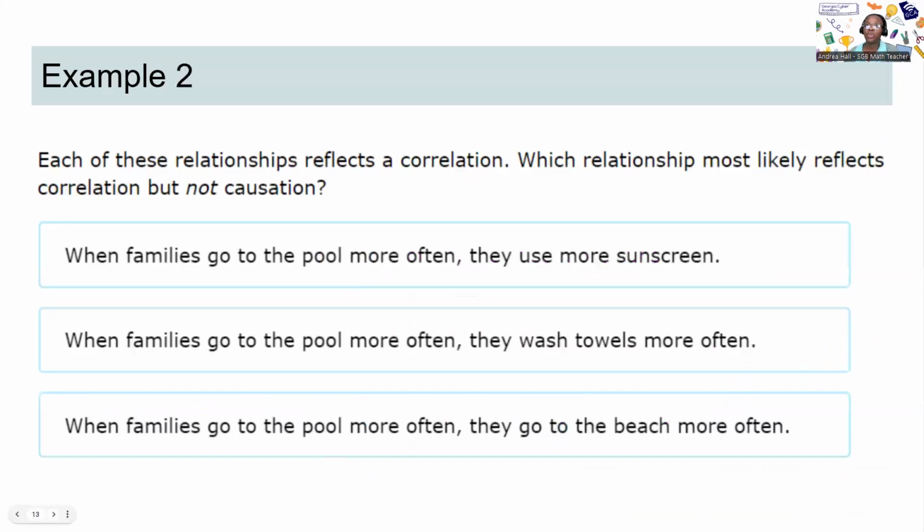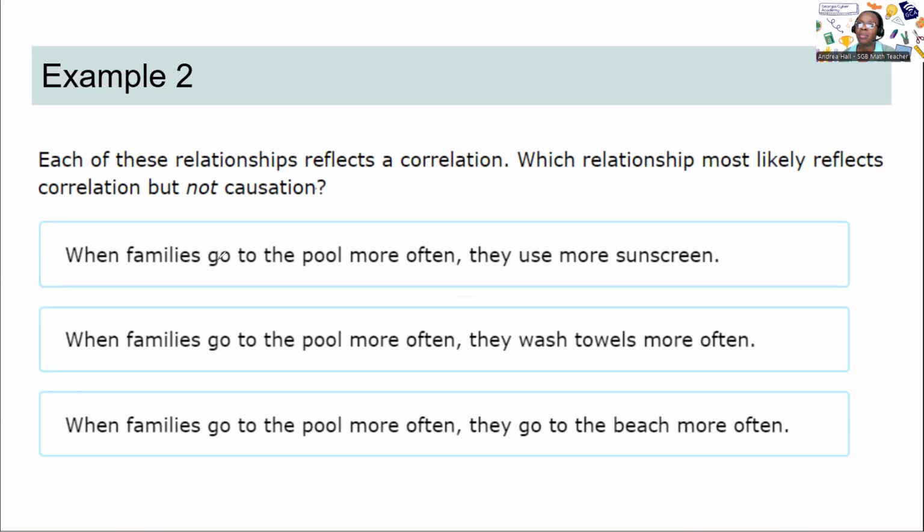All right, here's example two. Each of these relationships reflects a correlation. Which relationship most likely reflects correlation but not causation? When families go to the pool more often, they use more sunscreen. Well, that's definitely a correlation.